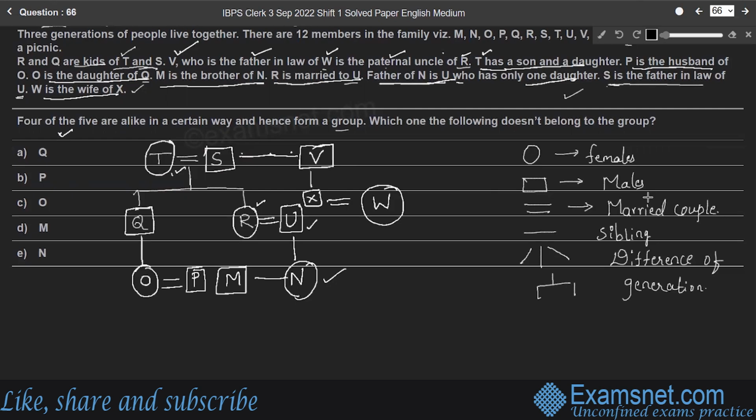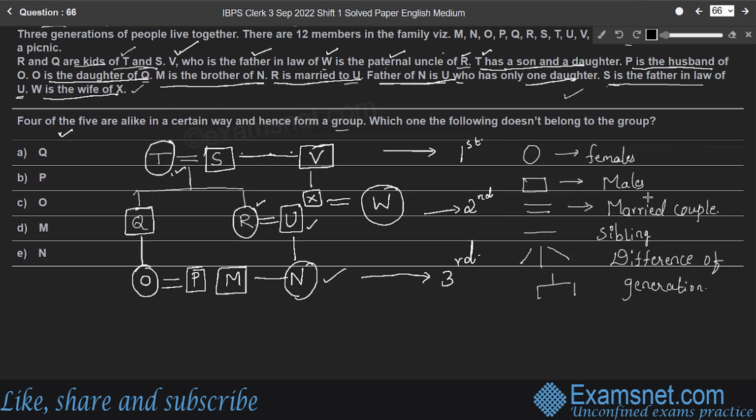This is the first generation, and this one is the second generation. Those who are sons, daughters, daughters-in-law and sons-in-law of T, S and V are all second generation. And these are all third generation.